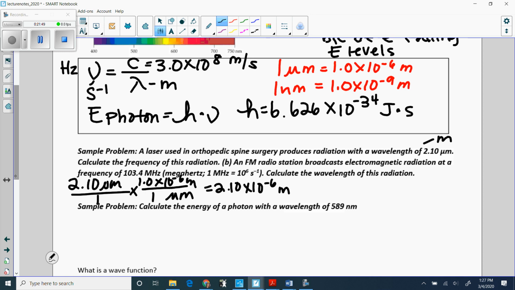Frequency is that weird V, equals the speed of light, meters per second, over our wavelength in meters. It has to be meters, so it's going to cancel. Yeah, so push your buttons, because it's not about pushing buttons, it's about being active in your learning.